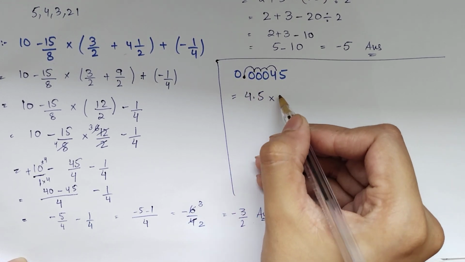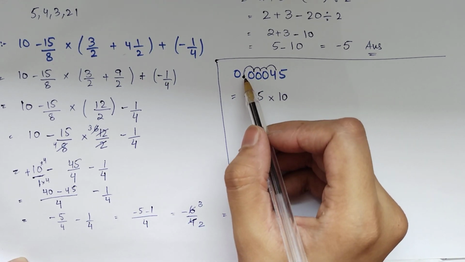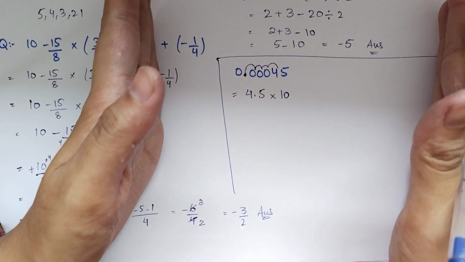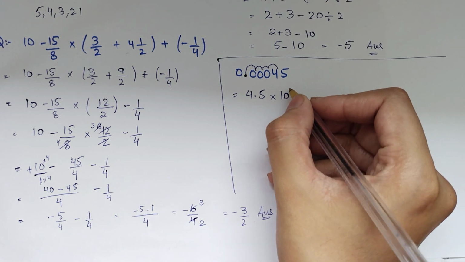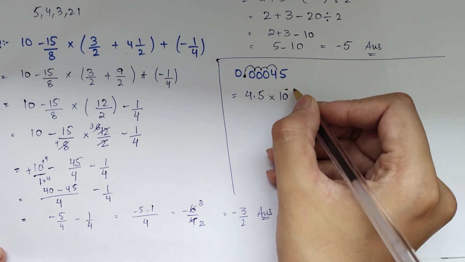You have to write multiply 10 power, because you have to move the point from left side to right side, so you have to put the power in the negative.